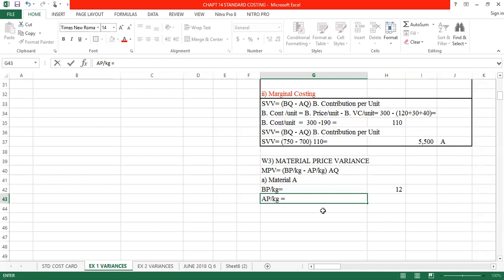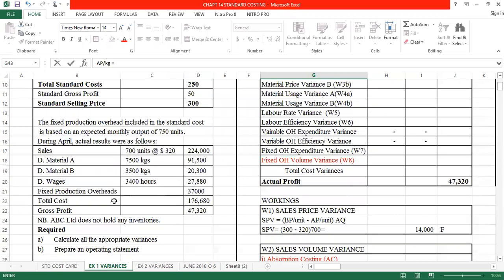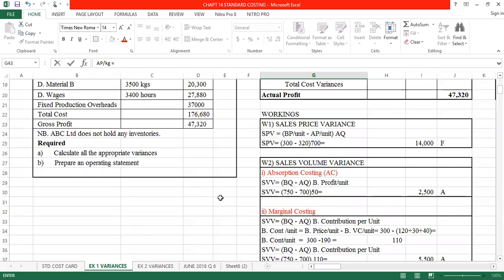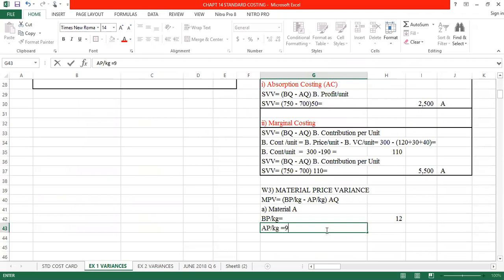Actual price for 1 kg is equals to, this one we'll have to calculate. Actual price per kg of material A is 91,500 divided by 7,500. 91,500 is for 7,500 kgs. So 91,500 divided by 7,500 kgs.